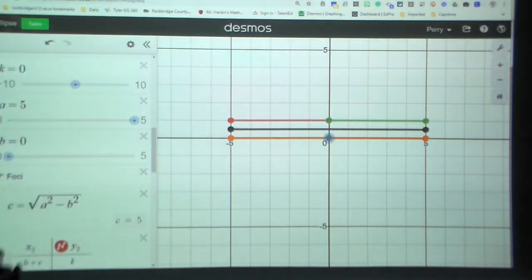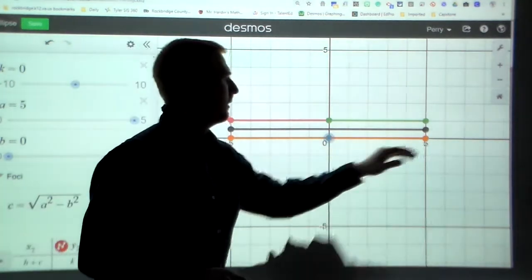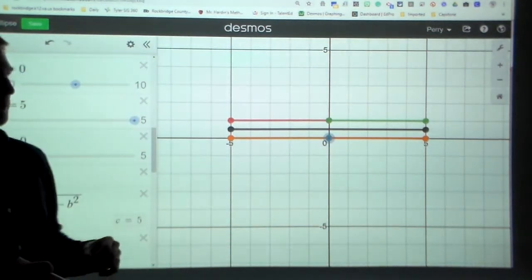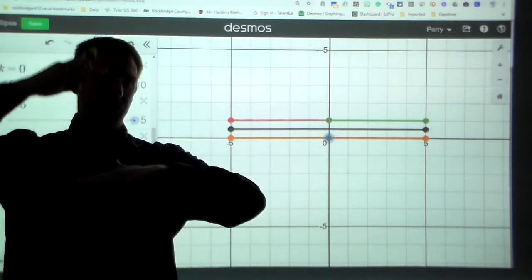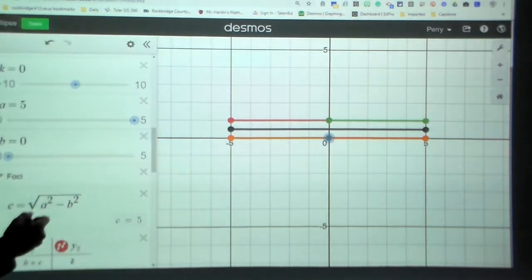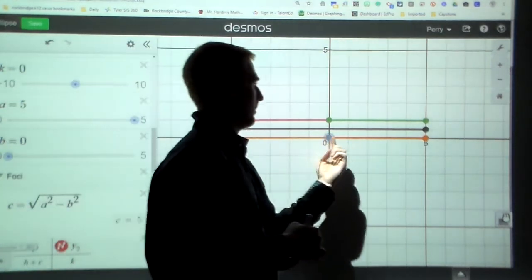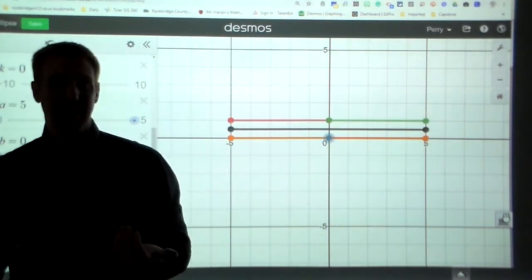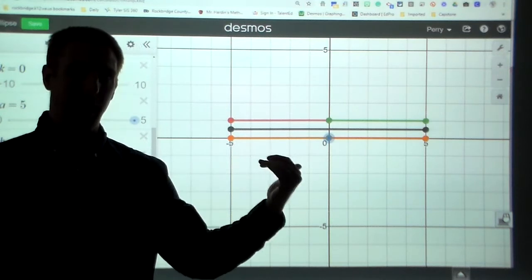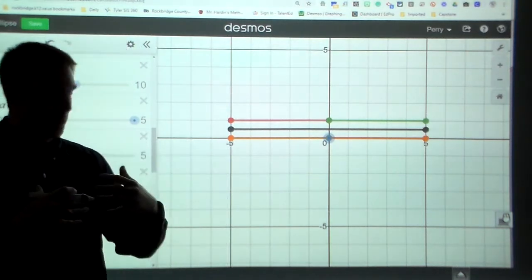So this thing essentially becomes a line at that point. So a line is about as eccentric as an ellipse can get. It's completely squashed down. At that point, your C value would be the same as A. So you would have an eccentricity of 1.